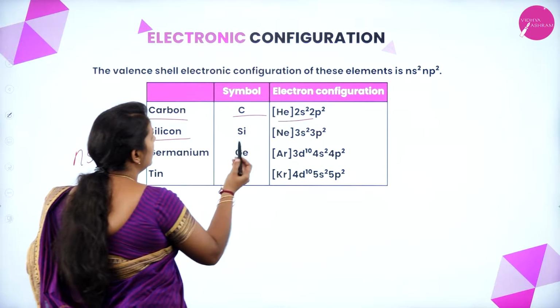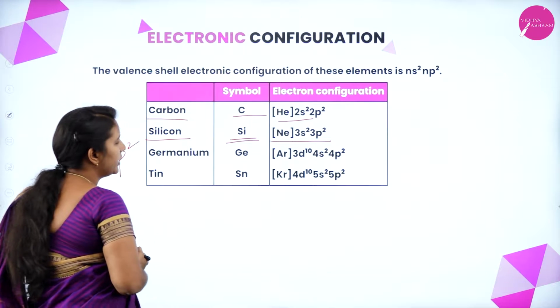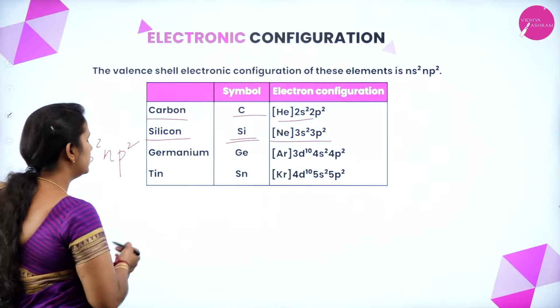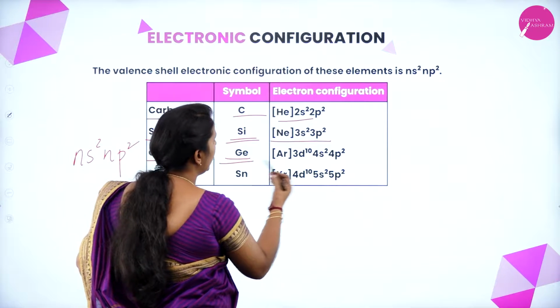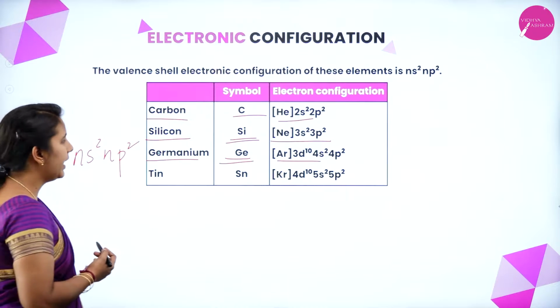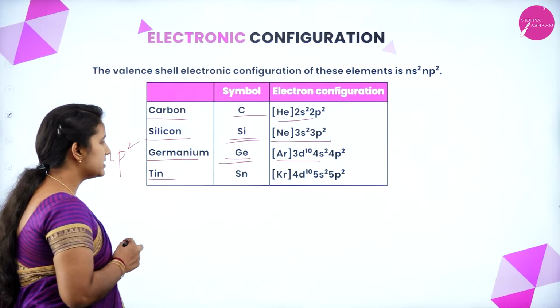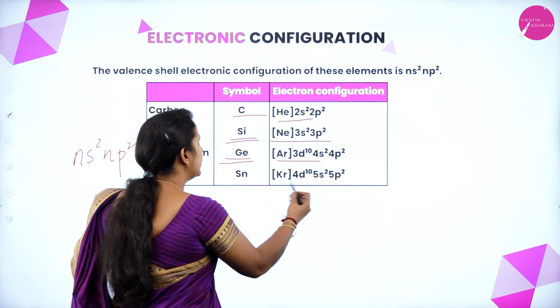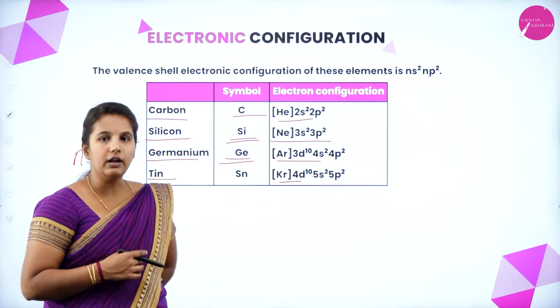Next is silicon, represented as Si, with configuration neon 3s2 3p2. Similarly, germanium, Ge, has argon 3d10 4s2 4p2. Next is tin, Sn, with krypton 4d10 5s2 5p2.